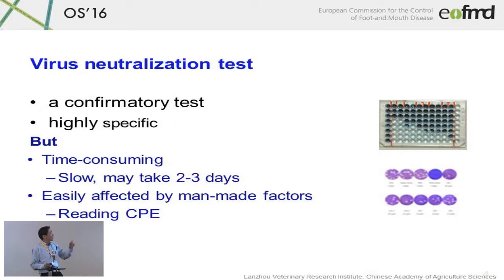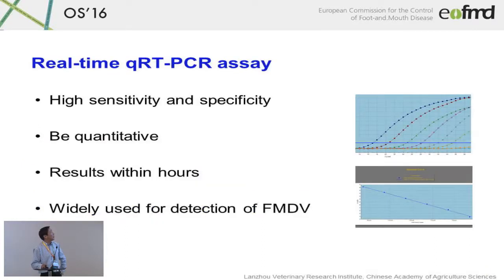So how can we sort out this problem? One technique we are thinking of is real-time RT-PCR, because nowadays real-time PCR has been widely used in our veterinary diagnostic labs, particularly for FMD.